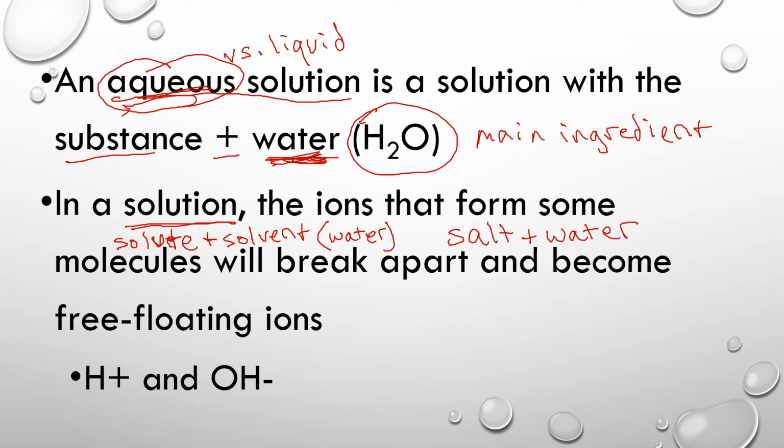The molecules in the salt are going to combine with the molecules in the water, and that causes some of the molecules to break apart into their individual ions, just because of the way chemicals bond. You could bond with half of a molecule and leave the other half by itself, so that half happens to be an ion, and now you have free-floating ions. If that's not clear, don't worry. You'll see what I'm talking about in a minute.